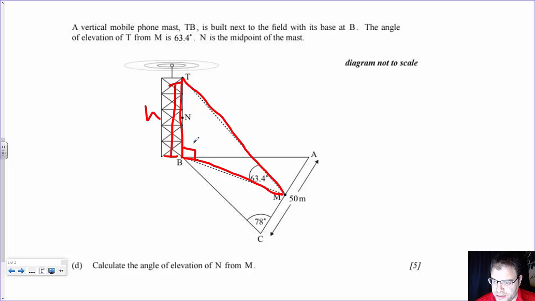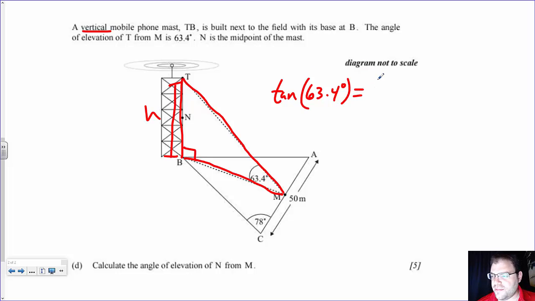So what I'm going to say then is, because I know this angle here, and this is a right triangle because this is a vertical tower, and this is the ground, we're going to say then that the tangent, instead of the sine, the tangent of 63.4 degrees is equal to the opposite side over the adjacent side. The opposite side is h.